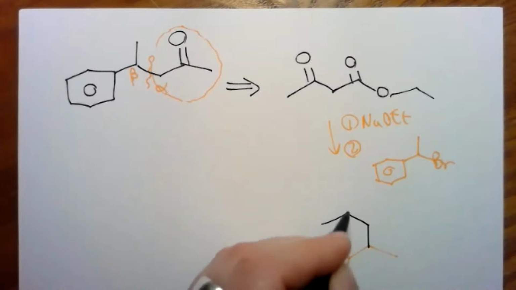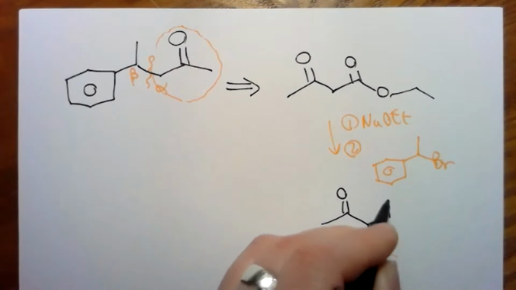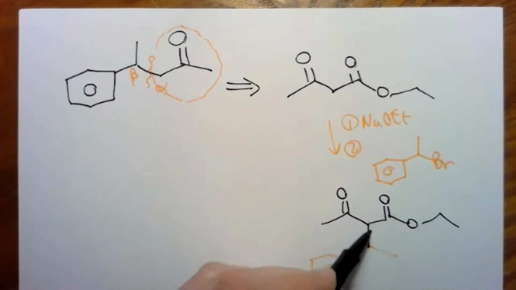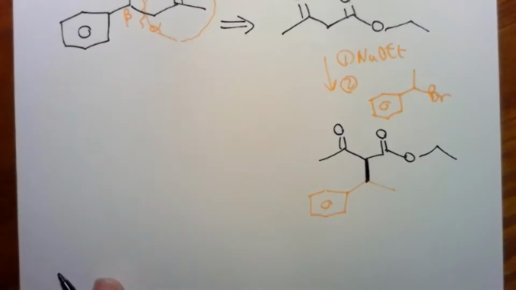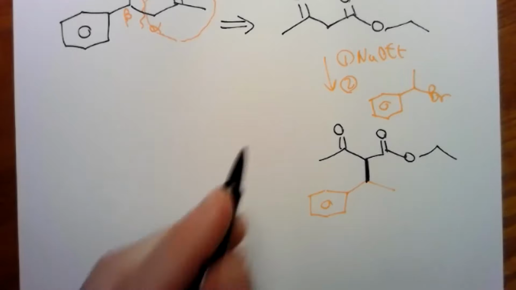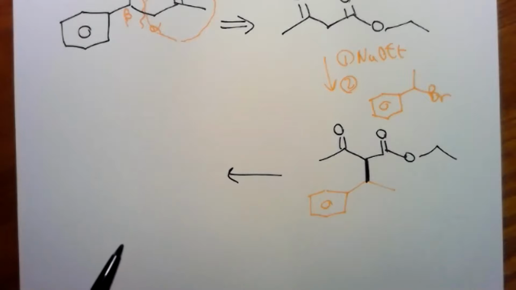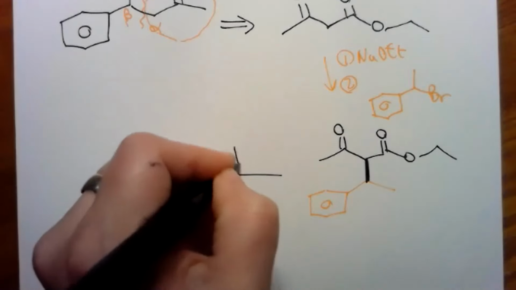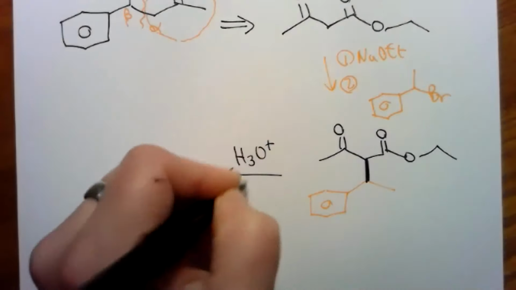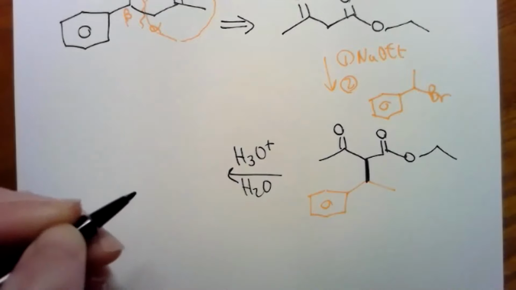The new bond. I did not color code, but the new bond is this one. It's the super thick one. It is not a double bond. It's just a super thick bond so that you can see which bond was the new one made. And I can then saponify, acidify, decarboxylate, or I can recognize that hydrolysis in acid is also a thing.